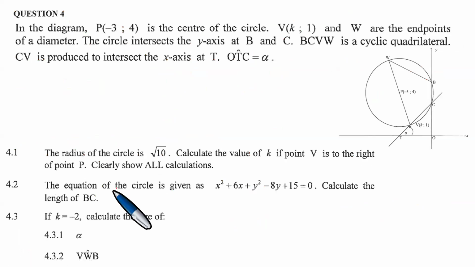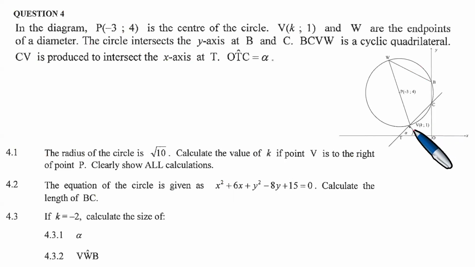The next question is a circle. In the diagram, P has coordinates -3 and 4 and is the center of the circle. V with coordinates K and 1, and W are the endpoints of a diameter.